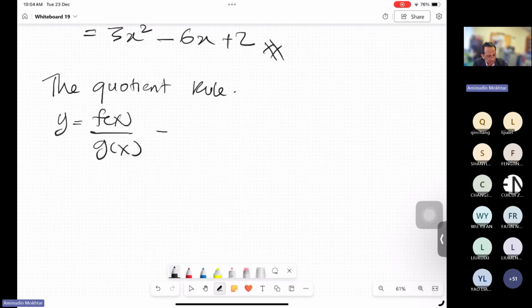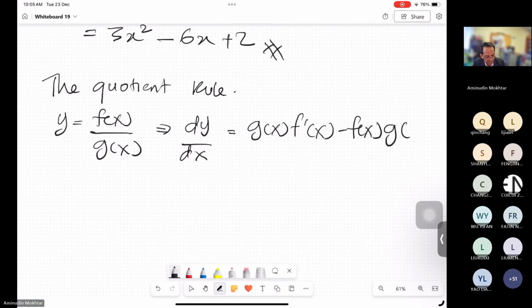Then dy/dx is quite complex here. dy/dx is equal to g(x) times f prime(x), the first derivative of f, minus f(x) times g prime(x), divided by g(x) squared.